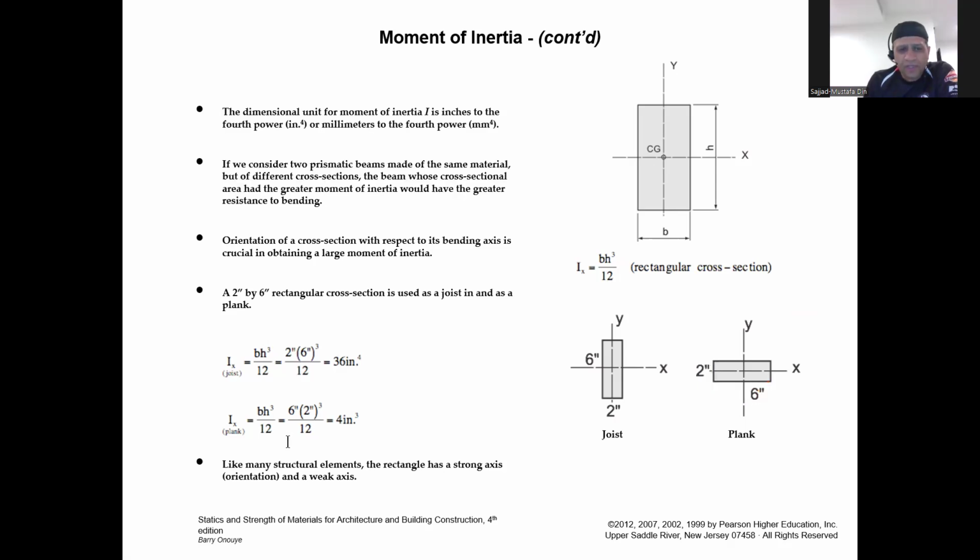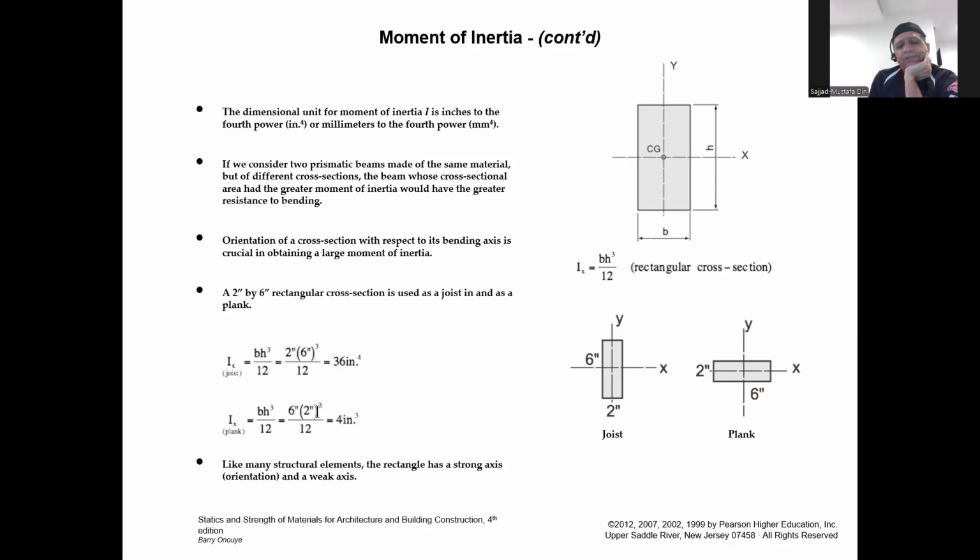Okay. So in this case, Ix for the plank is going to be bh cubed, so H is 2 cubed, over 12. So it's 4. Hold on. I think this is a typo here. This should be 4 inches because it's 6 times 8.